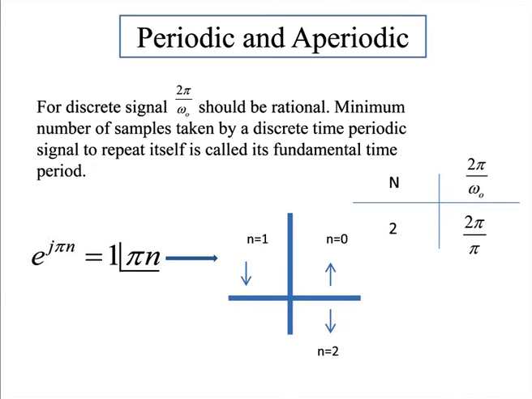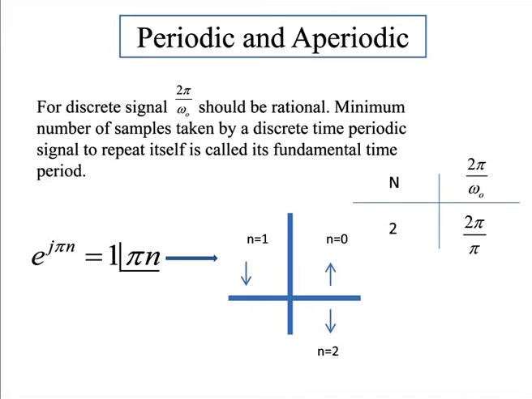Here the period will be capital N, not capital T, because these are numbers. So, the minimum number of samples taken by a discrete time periodic signal to repeat itself is called its fundamental time period. If those numbers repeat themselves after a certain length of the sequence, then that is called a periodic sequence, and the length of that sequence for which this is periodic is called the period of the sequence.